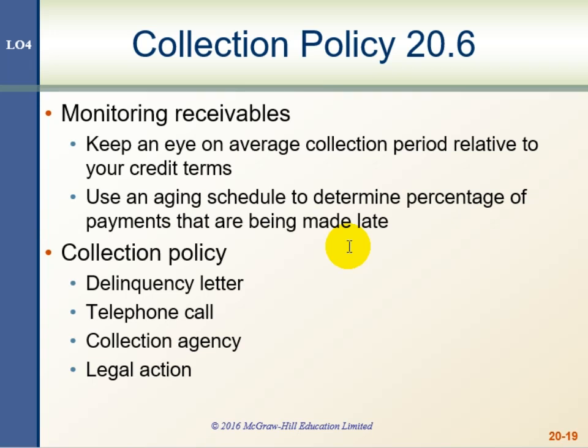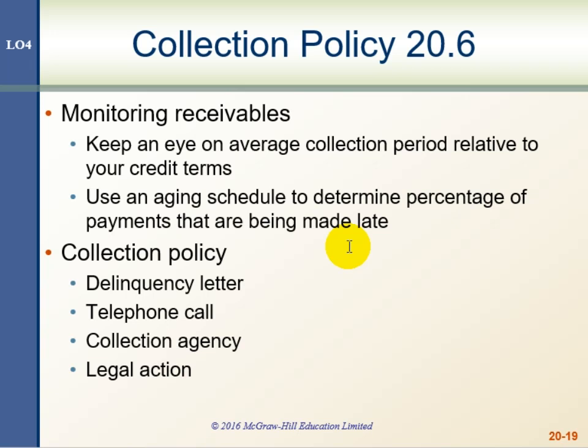There's the column that has the total accounts receivable, and then the next column is the current, so it's not actually due yet. Then you've got some which are due to be paid, so about 30 days old. Then they're 60 days old, then 90 days old, then 120 days old.